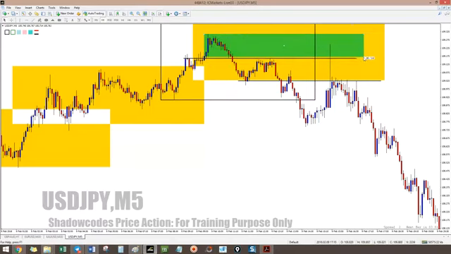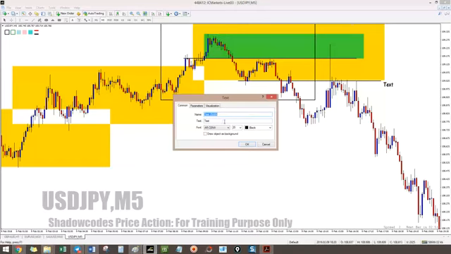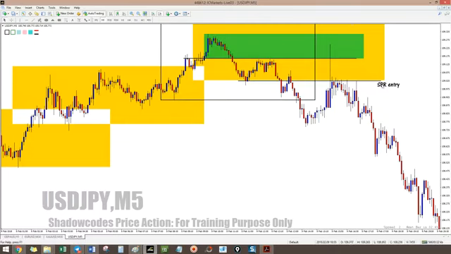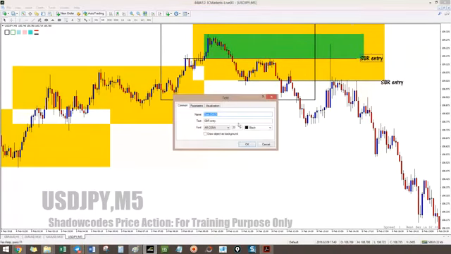And you have something like this. So this is a QM entry, and this is a SBR RBS entry. SBR entry over here, and over here is QM entry.